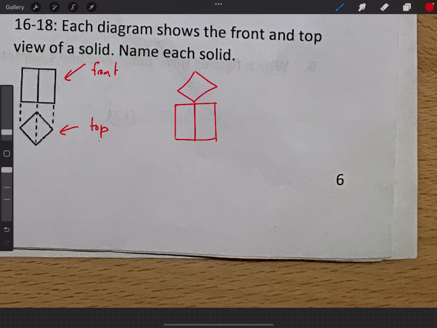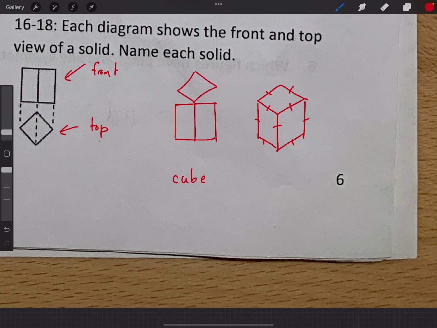So if I was to redraw it, it might look something like this. And imagine all of these are the same length. So what is this? Well, it's a cube, isn't it?